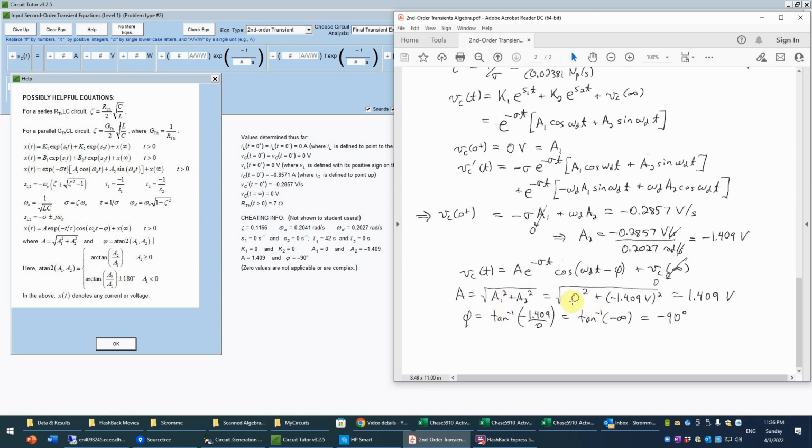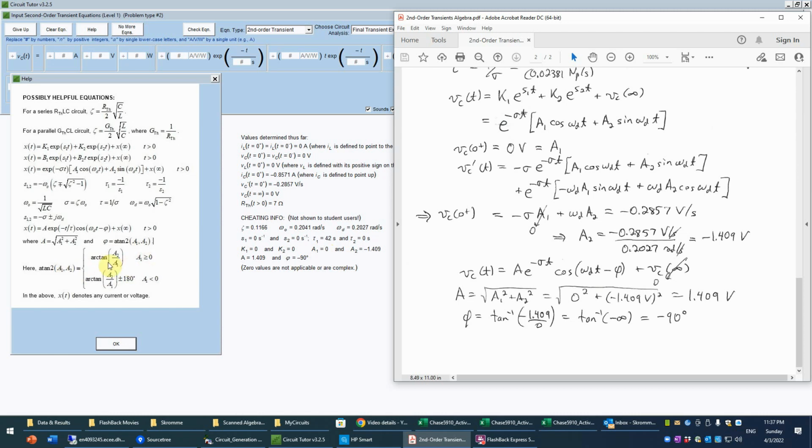Since A1 is 0, that's quite easy. We're just taking the square root of A2 squared, which gives us the absolute value of A2, which is 1.409. Notice, however, it is positive, whereas A2 itself was negative. Then to find the phase angle, because A1 is not negative, we can just use the so-called atan2 function.